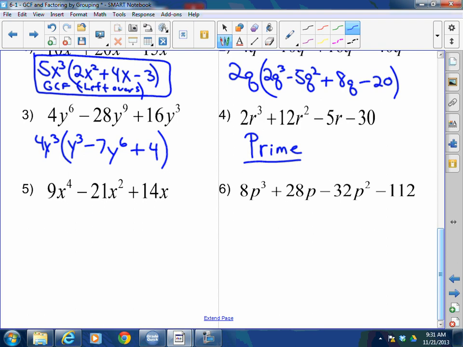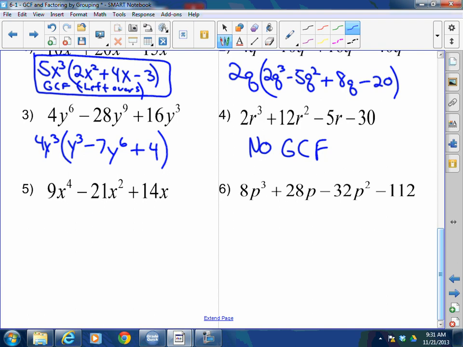Actually, no, you know what? That's not prime at all. You just don't have a GCF. Because I can factor this by grouping, which is what we're going to do in about 2 minutes. So there's just no GCF. You cannot factor out a GCF from there.